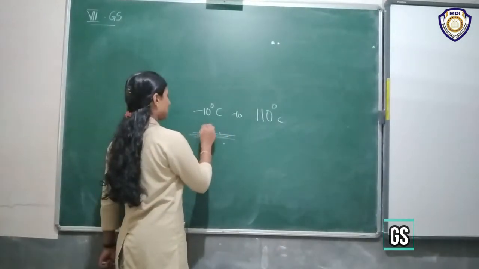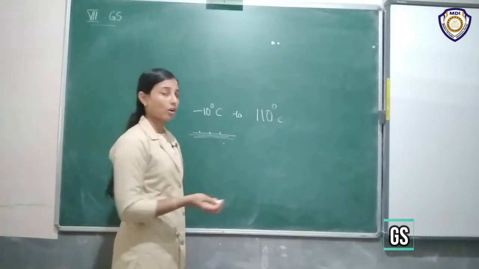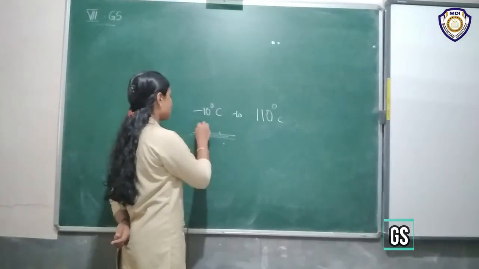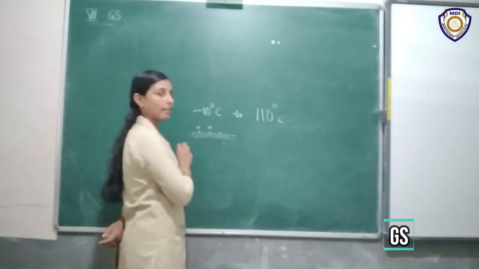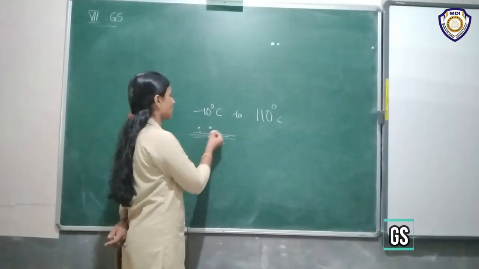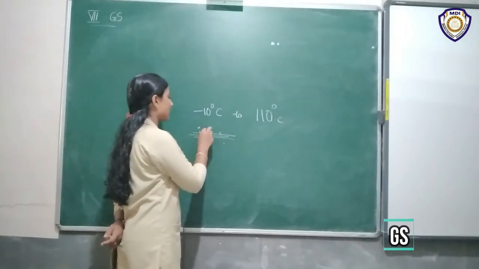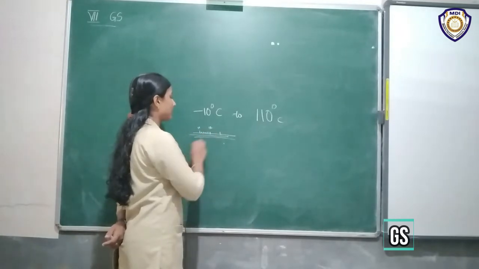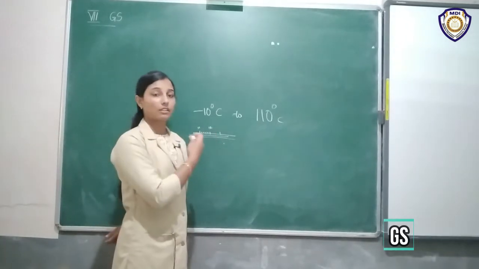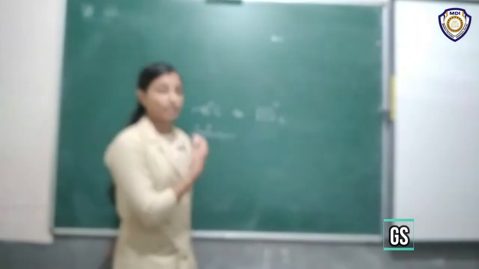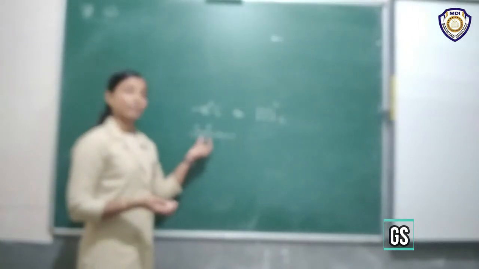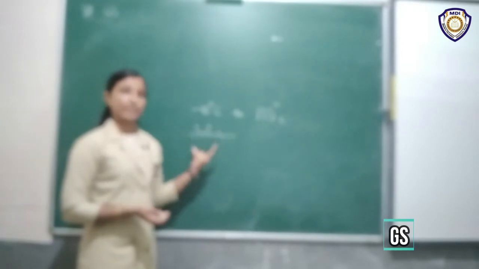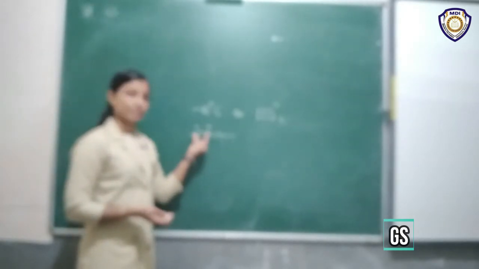Suppose this is 11 degrees and this is 12 degrees, and in between 11 and 12 there may be 10 small lines, or some thermometers have 5 small lines between these two large lines, right?